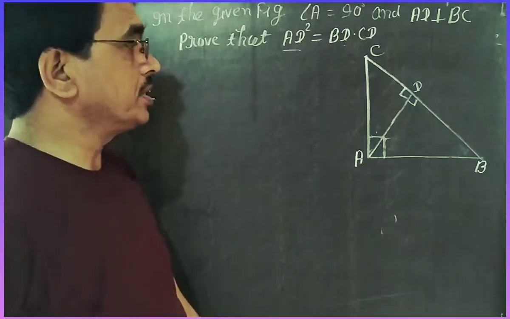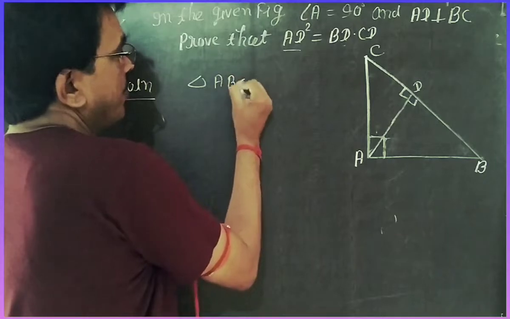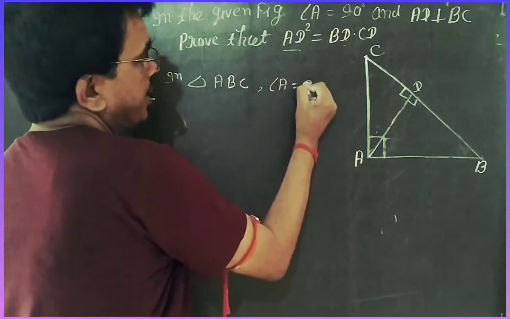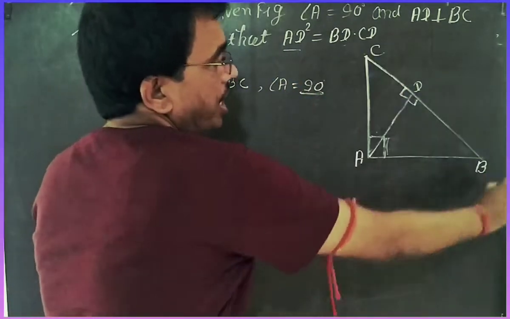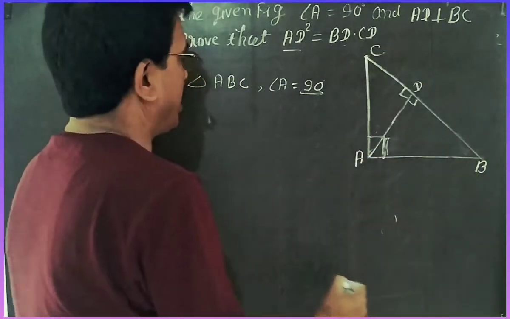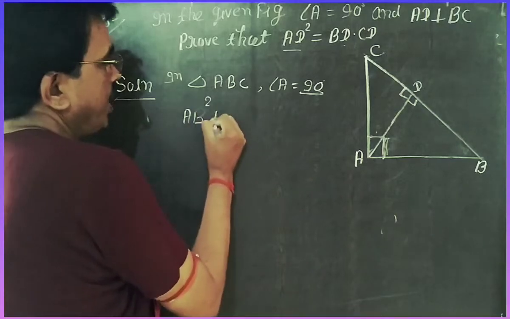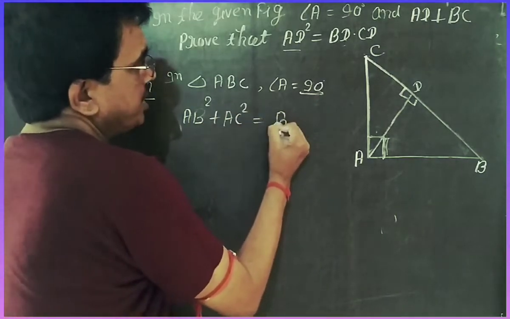So dear students, it is a triangle ABC. In triangle ABC, angle A is 90. Then it is clear if A is 90, then BC is the hypotenuse. So you can write AB square plus AC square is equal to BC square.